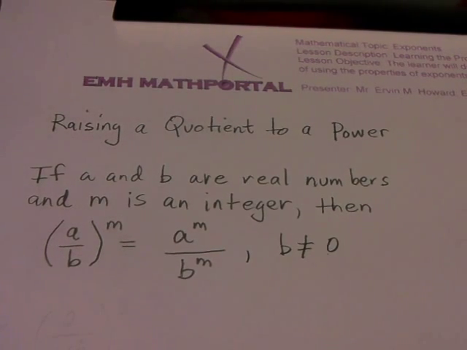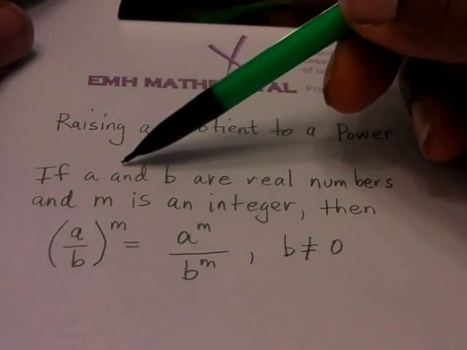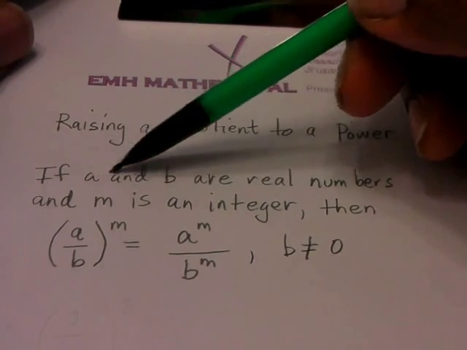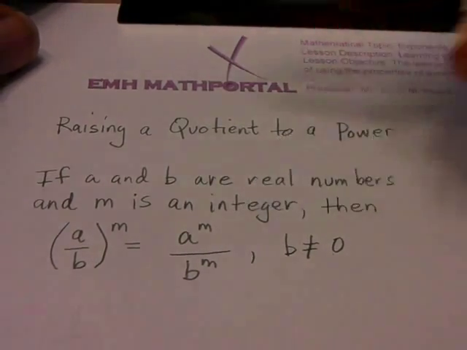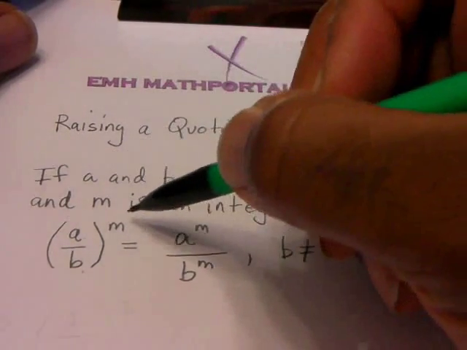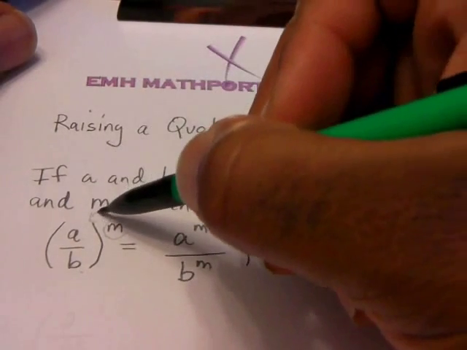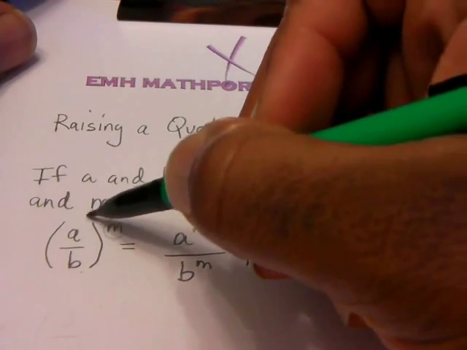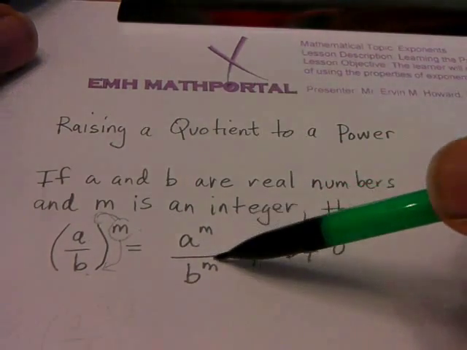This time we're going to raise a quotient to a power, and based upon the formula, if A and B are real numbers and M is an integer, then the quotient of A and B raised to the power M, you distribute the exponent to the numerator and the denominator. That is exactly what you're doing.